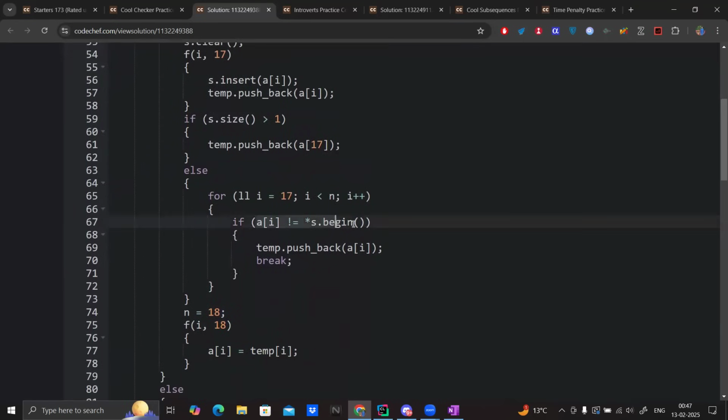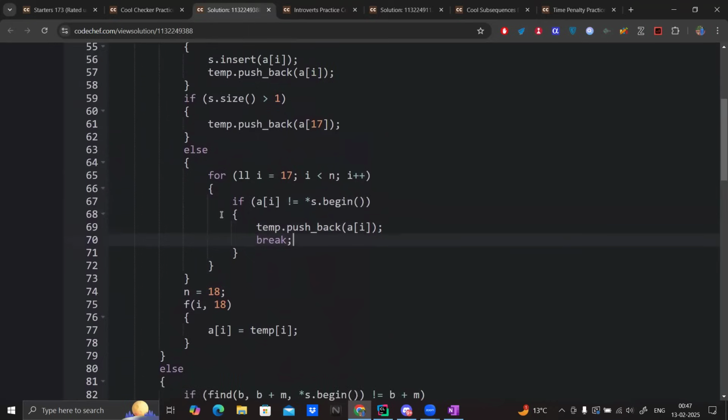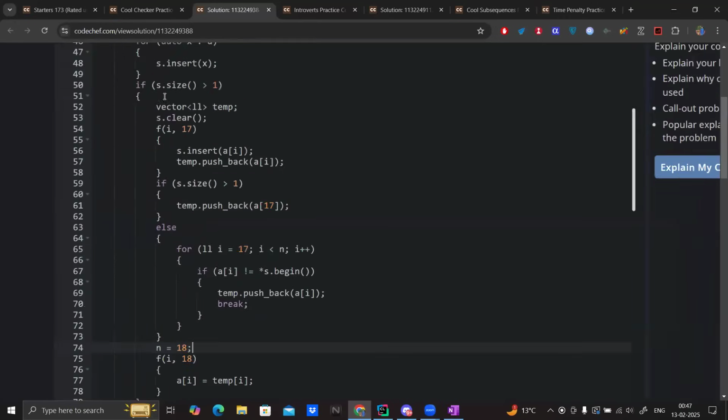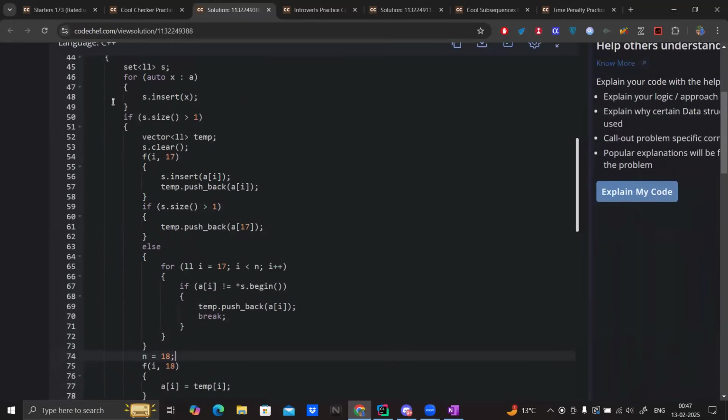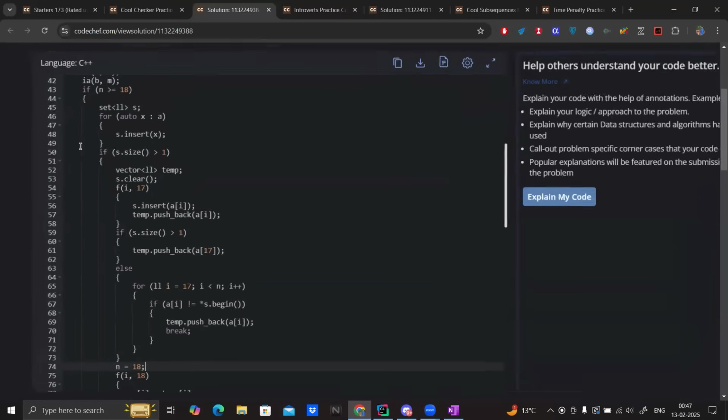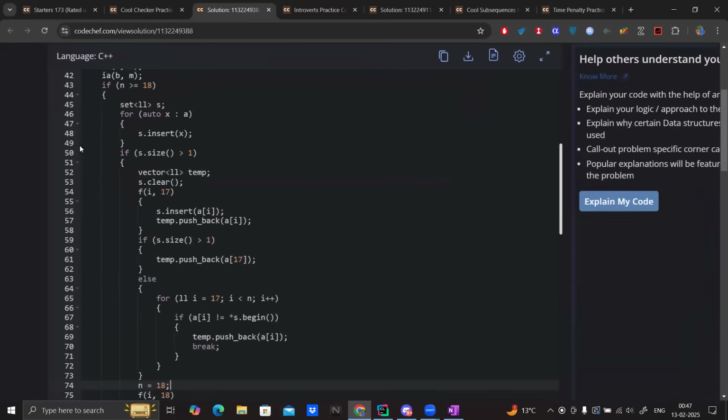So if it is not equal to s.begin, then I just push back and then I break. And basically I just transferred the temp array into the A array and set n equal to 18. So in this part, I am extracting any 18 elements which are not all identical.